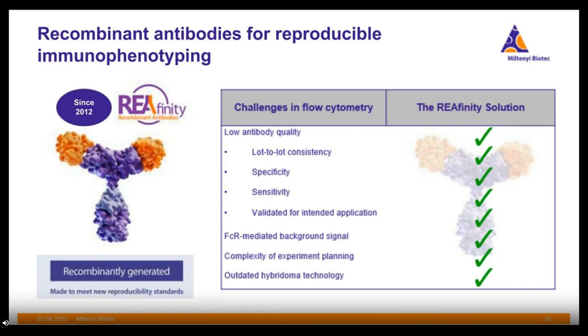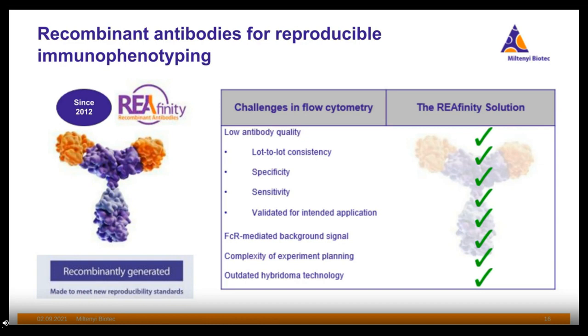There are also reported challenges faced by customers in the field that come from unspecific background signal mediated by Fc receptor, and some of the complexity in terms of experimental planning and outdated hybridoma technology. Our REAffinity antibodies, with their unique feature of one isotype backbone as well as mutated Fc region, offer this additional benefit and can help you to tackle all these challenges.